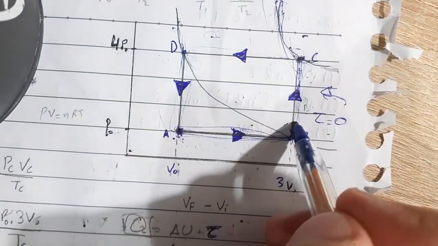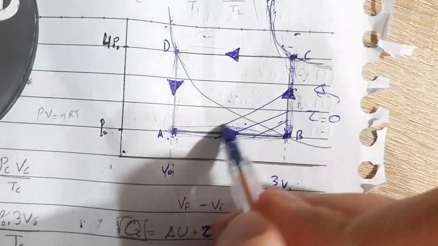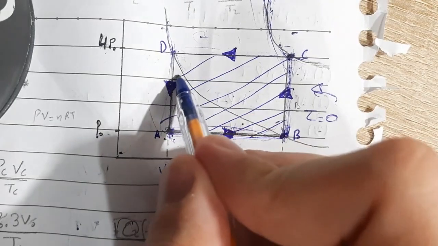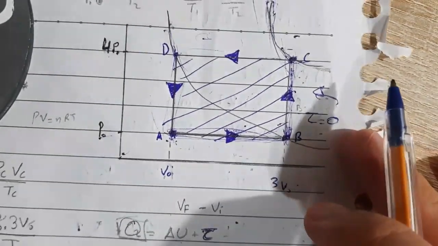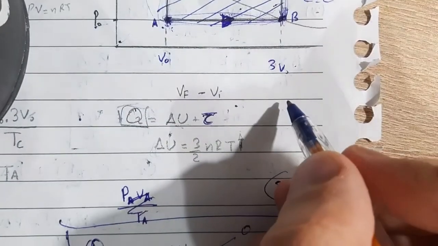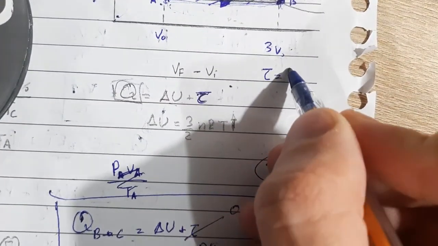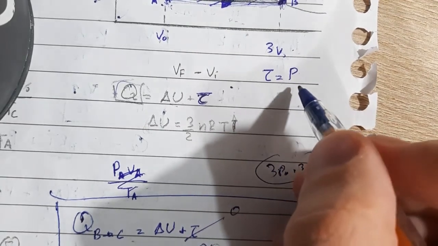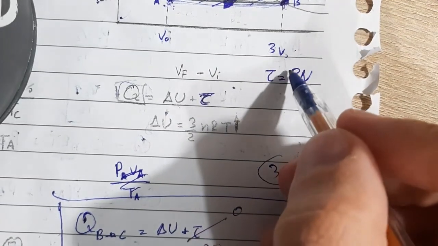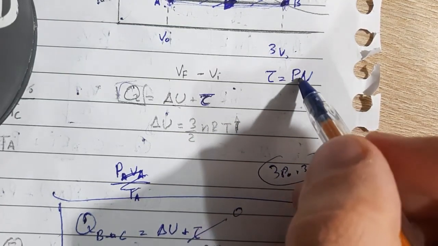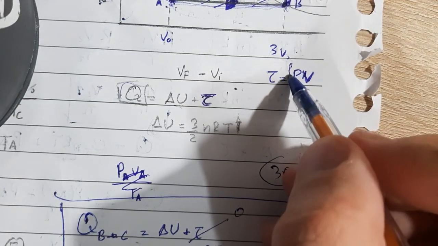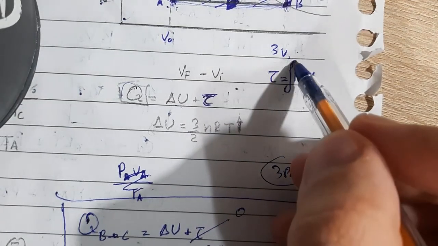So in this graph, the work done is given by the area of your graph, pressure by volume. Why? Because remember that the work is pressure versus volume. But if neither of them is constant, you will need to do the integral.